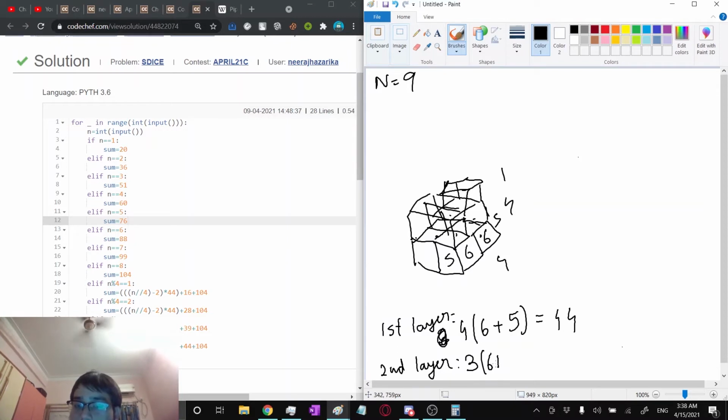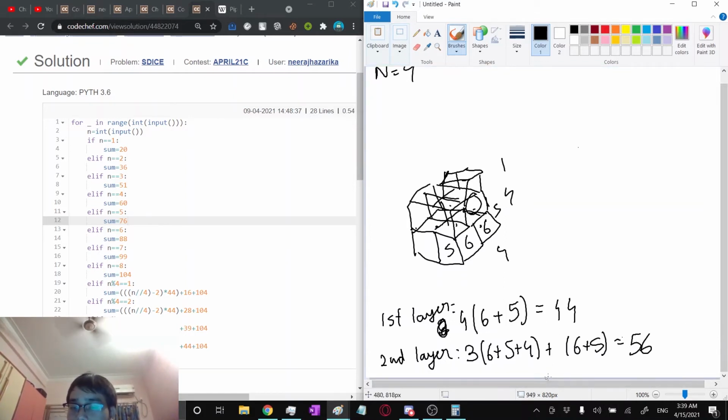So 6, 5, and 4. And for this die, it would be only the 2 highest numbers. So it would be 6 plus 5. And this would give us 15 into 3, yes, 45 plus 11. So it will give us 56.